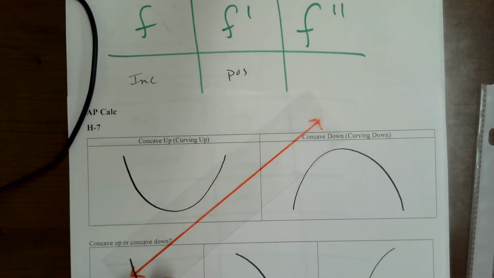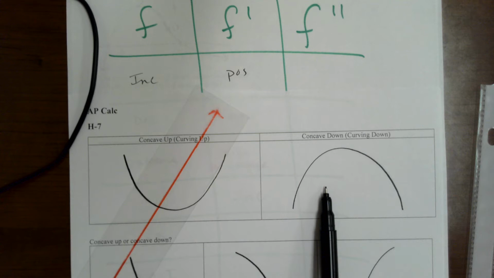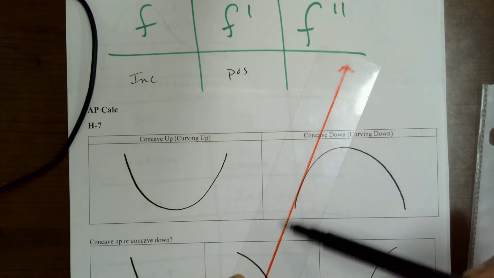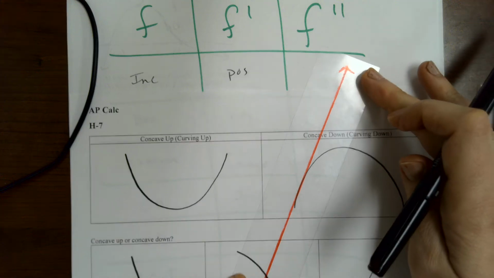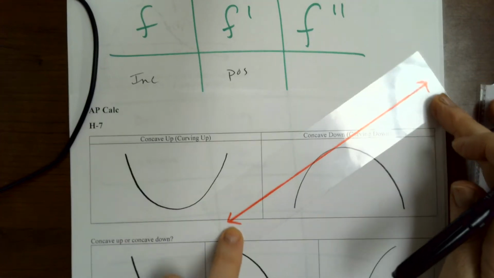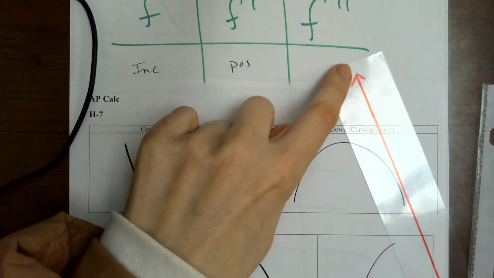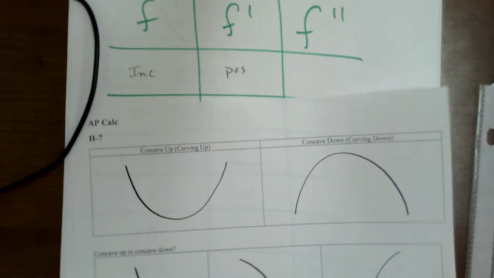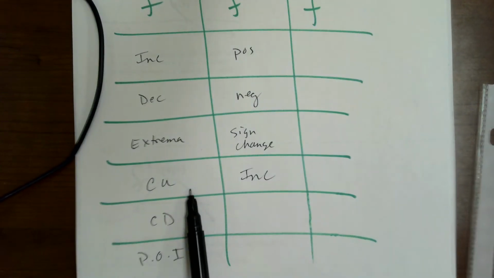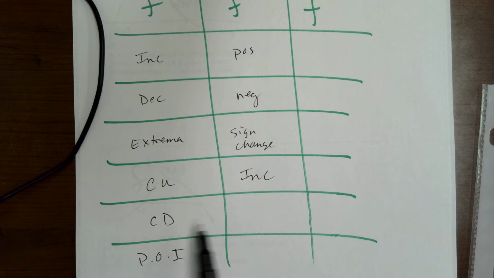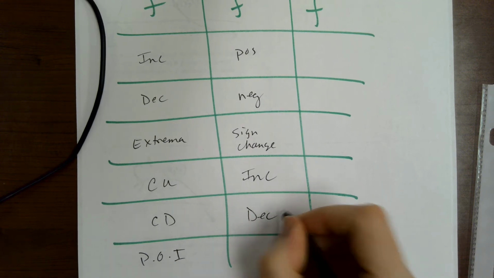So F prime is increasing. On the other hand, if the graph is concave down, think of the tangent line's slope: pretty positive, less positive, less positive, hits 0, negative, negative, negative, more negative. Okay, so when F is concave up, F prime is increasing. F is concave down when F prime is decreasing.